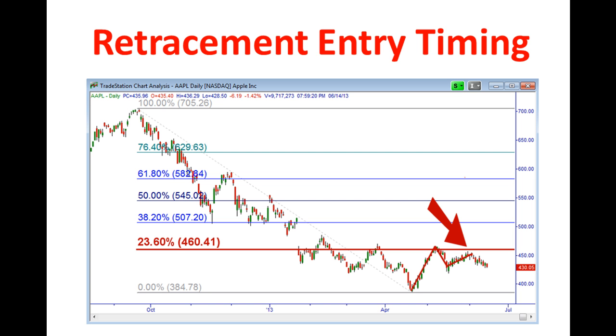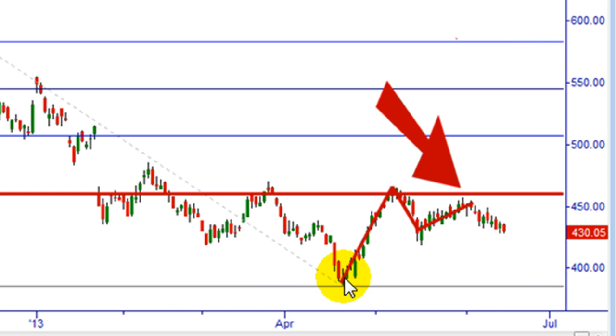So the first one is using retracement entry timing with Fibonacci. And this is a trade that I had in Apple where initially I had been on the long side coming off of this low. And we'll actually get into this strategy further in the second half of today's video. But I had ridden Apple up to this 23.6% Fibonacci retracement level, and at that point I looked to time a reversal.